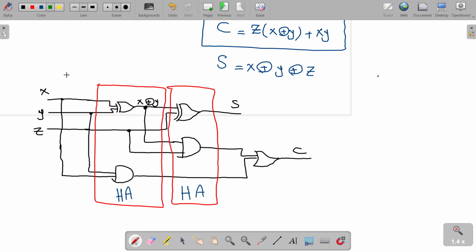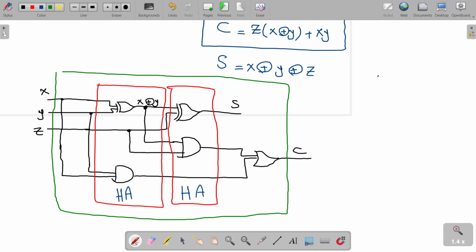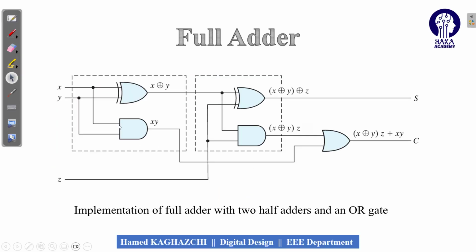So this is the full adder, from here up to here. I could produce the full adder using two half adders. And here you can see the complete circuit of the full adder.